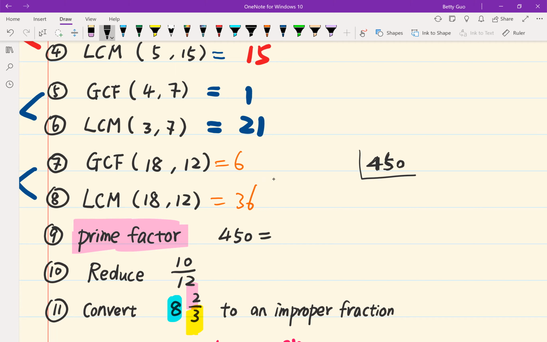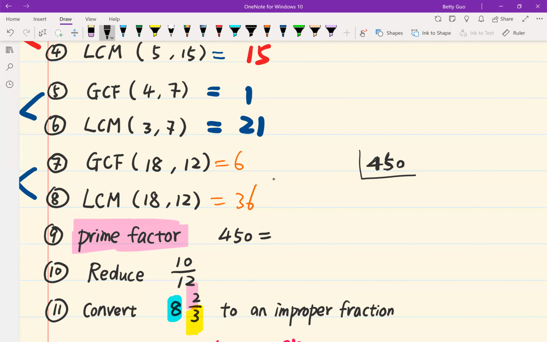Let me walk around. 450 is a pretty big number, right? I always start from 2 if it's even, and you can right away cut the number in half, right? Well, another trick, if the last digit is 0 or 5, then can you write the factorization?